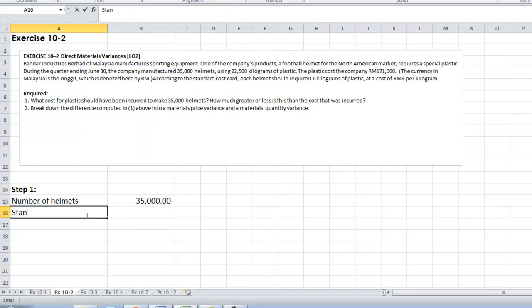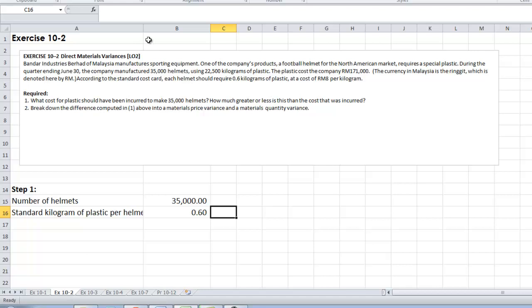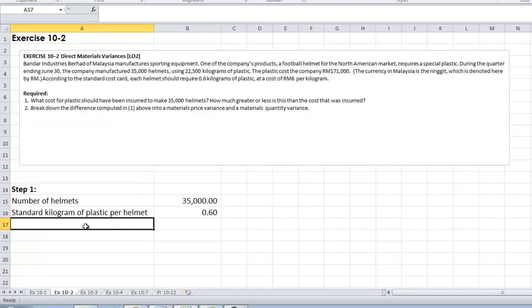And then the standard kilograms of plastic per helmet. This was given in the problem. In each of these, it should have been 0.6 kilograms of plastic.